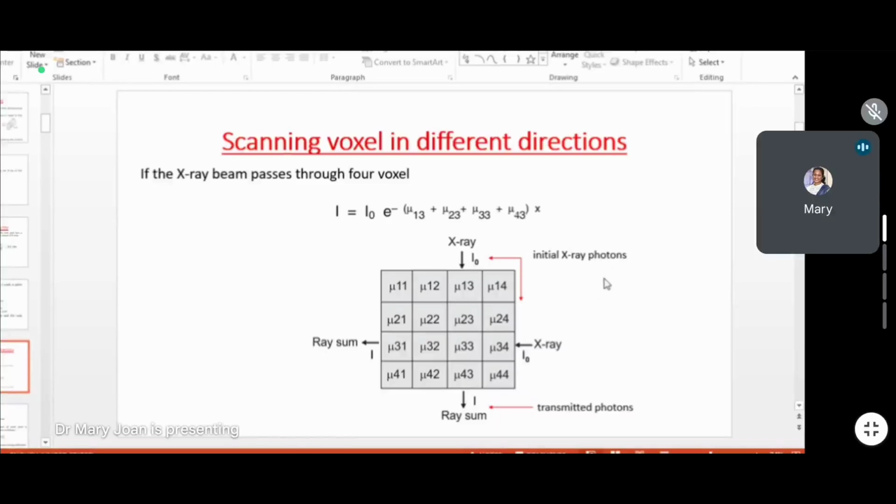So the total number of transmitted X-ray photons is I, and I0 is the initial X-ray photons.